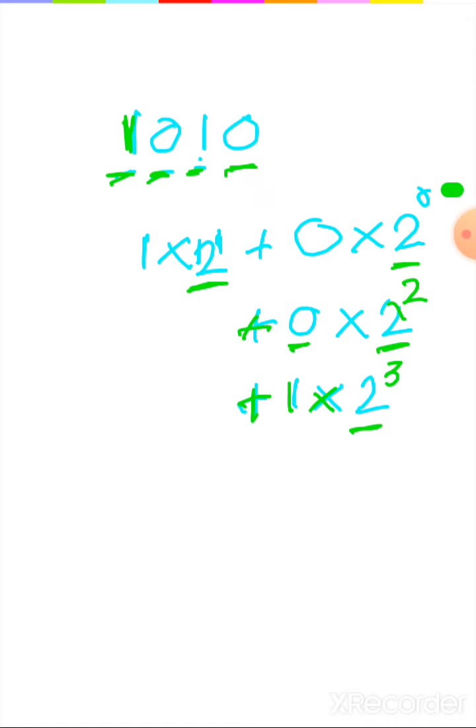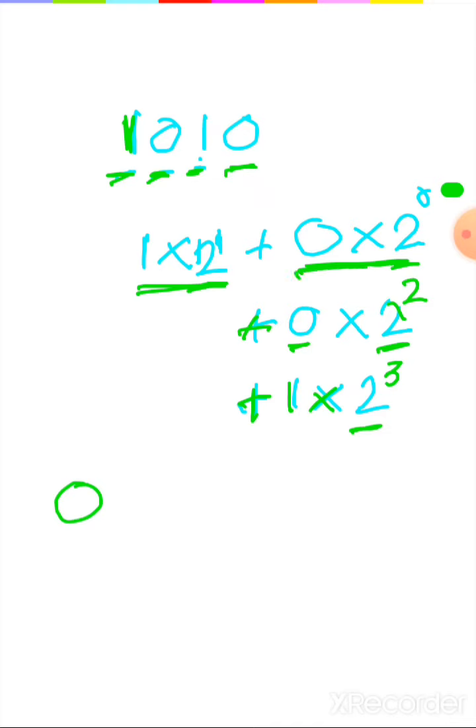Okay, so let us add all of these terms and see what we get. First we see this 0 multiplied by 2 raised to power 0. 2 raised to power 0 is equal to 1, and 1 multiplied with 0 will be 0.